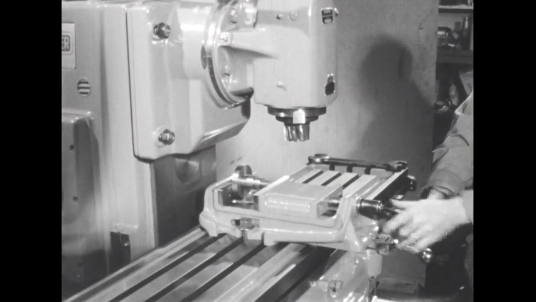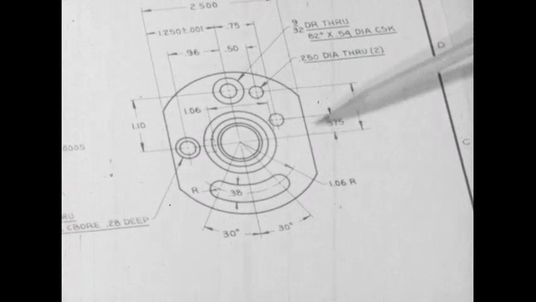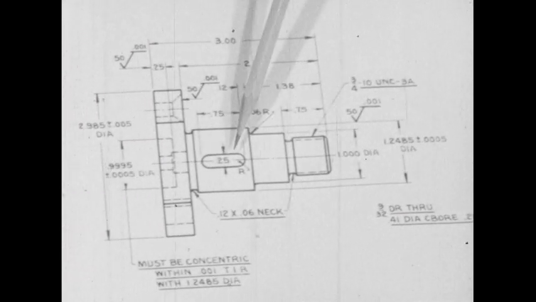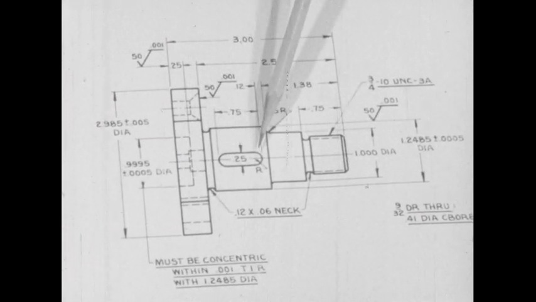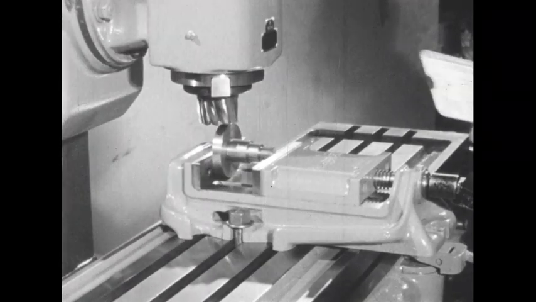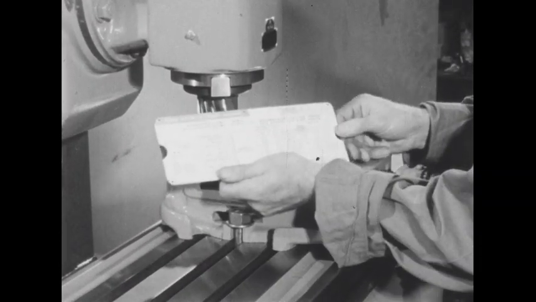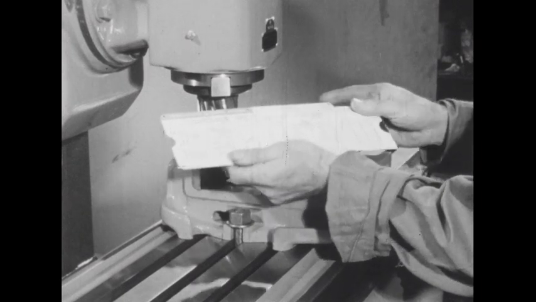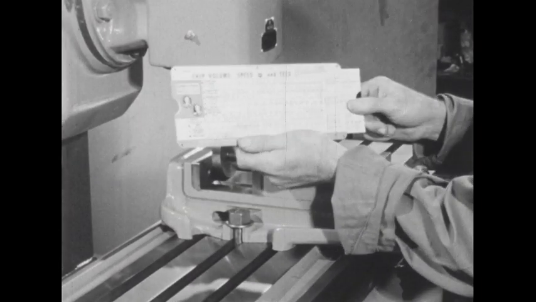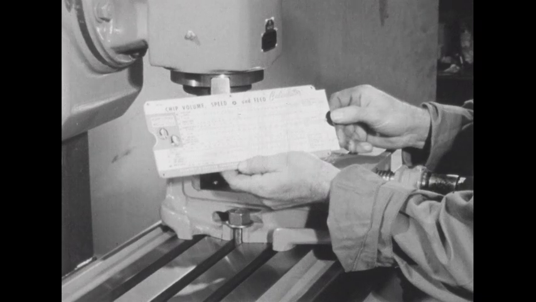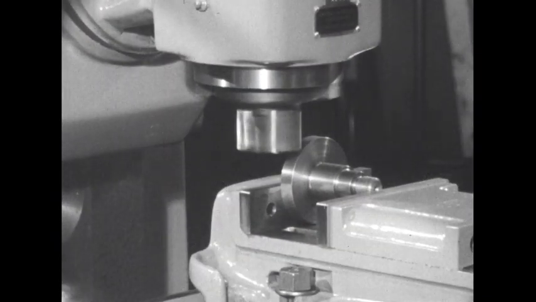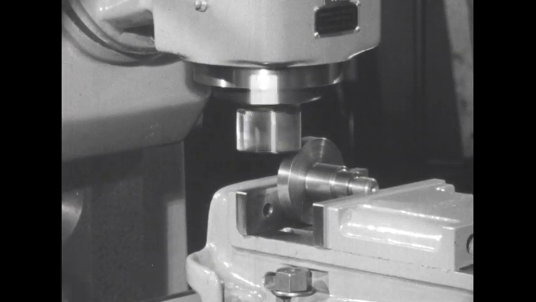In this setup on the milling machine, we plan to machine these flats and this keyway. This calculator gives the spindle RPM and the rate of feed of the workpiece. The flats are now being milled.